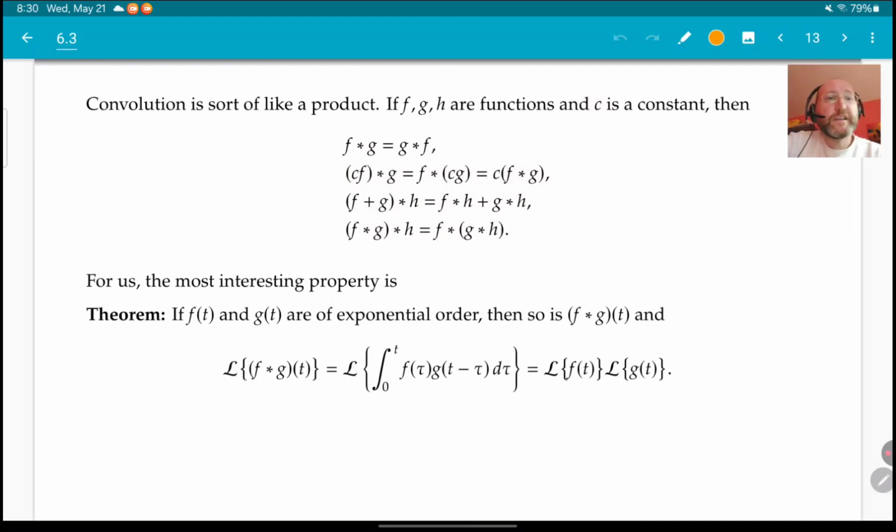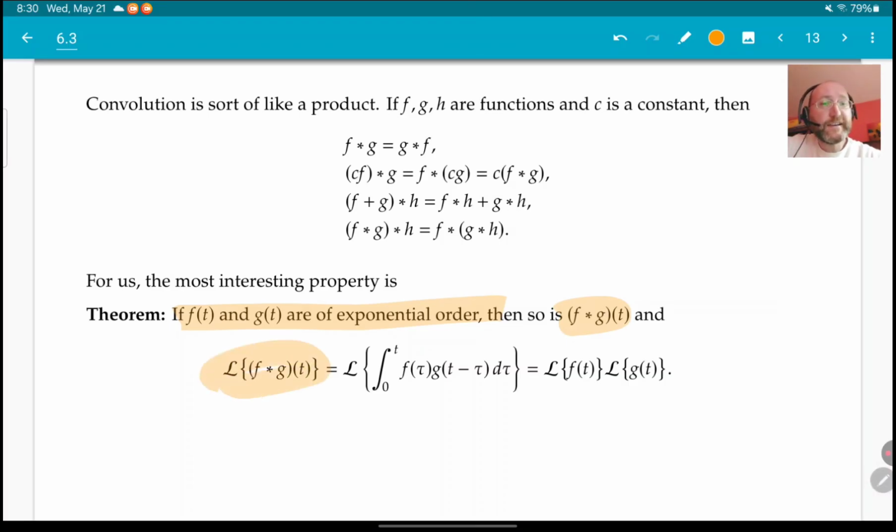All right. Now, for us, the most interesting property of the convolution is the following. Suppose we have functions of exponential order, just so that the Laplace transform exists. Then so is f star g. So f star g is also of exponential order.